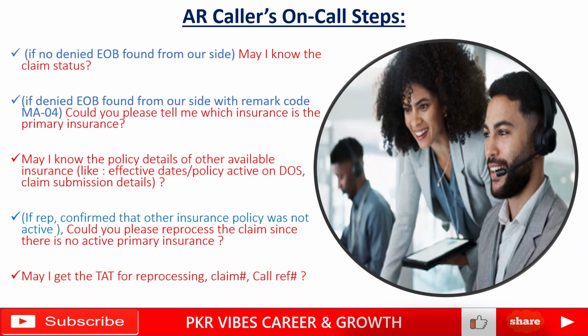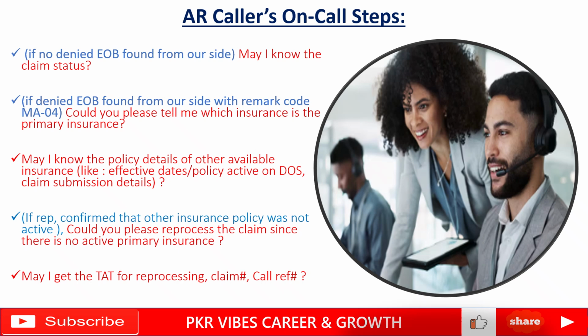At that time, you have to document the same information in your AR notes. For example, I probed but insurance refused to reprocess even though other insurance is not active. Like that, you have to document your notes. But you should ask for reprocessing if the rep is telling that other insurance is not active, so that means they are the only primary insurance.